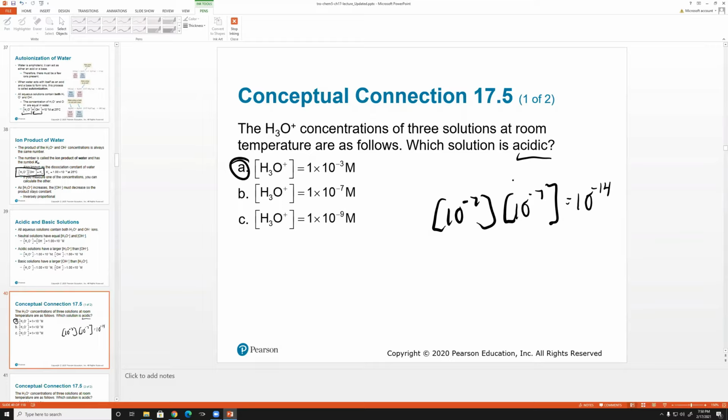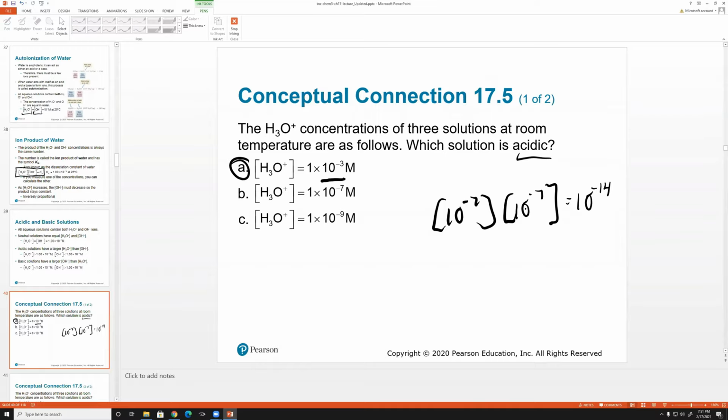There's two reasons why. One, if you look at the definition of what neutral is, neutral is where you have the H3O plus and the OH minus both at 10 to the negative 7 molar. If it's higher than 10 to the negative 7 molar, like A is 10 to the negative 3 molar, that's a lot higher. That means it's going to be more towards the acid.